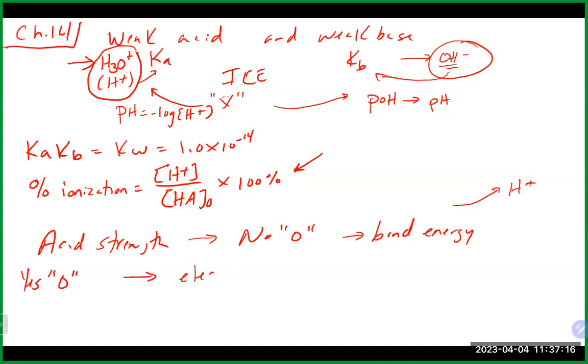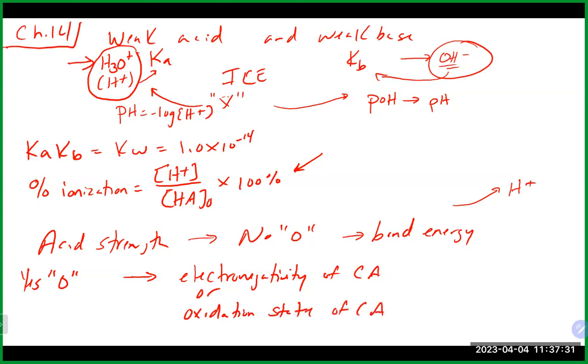You either look at the electronegativity of the central atom, or you look at the oxidation state or number of the central atom. In this case, if you did have two central atoms where they had really the same oxidation number, then you would look at electronegativity as being the overwhelming force there.